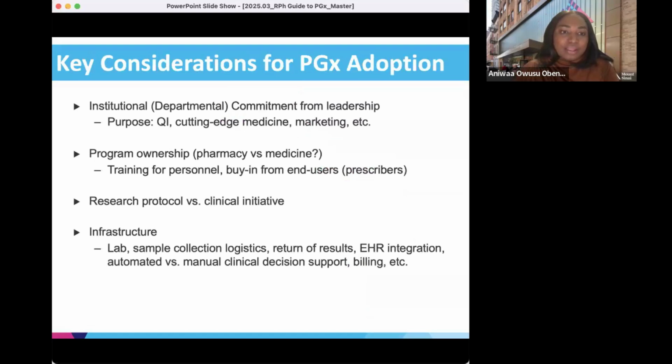First, you want to make sure that there is institutional or departmental commitment from leadership. I am very blessed to be in an institution where our leaders believe in this science, they believe in cutting edge research, and also my chief pharmacy officer is a big proponent for personalized medicine. So that helps a lot.